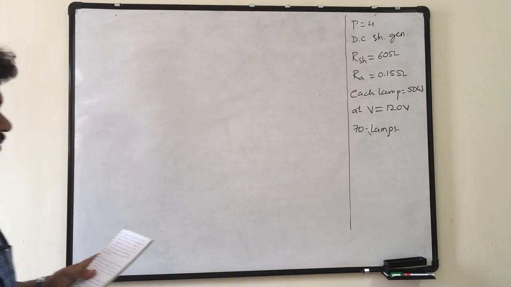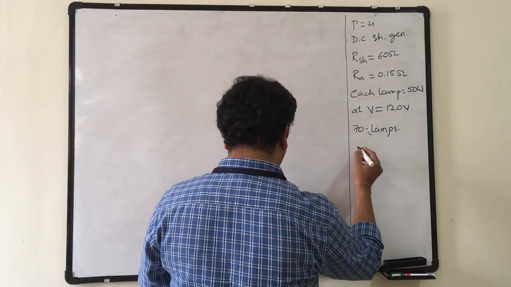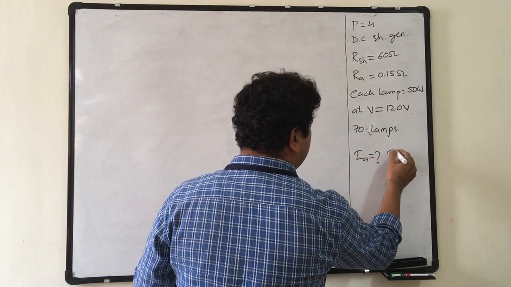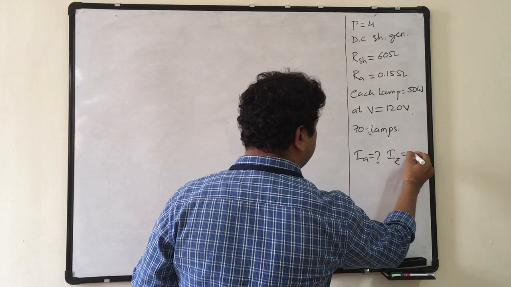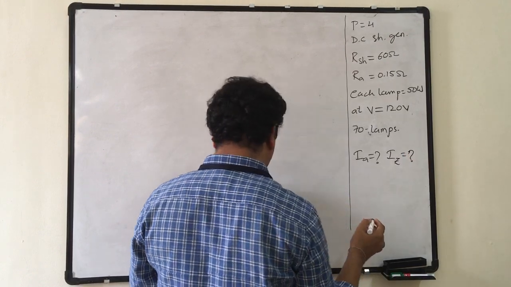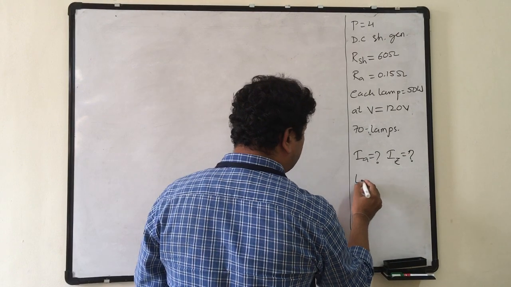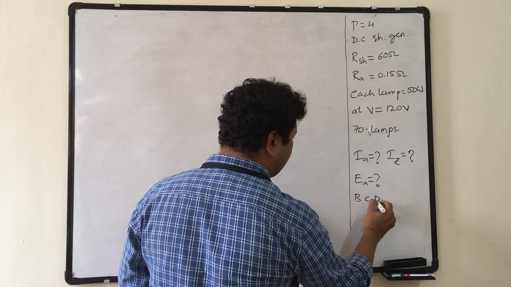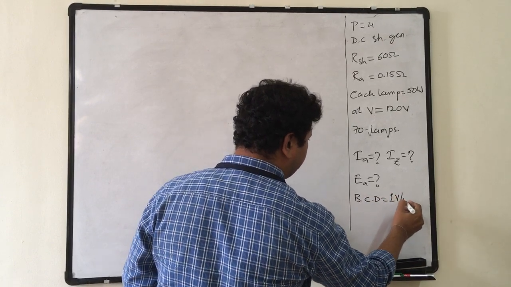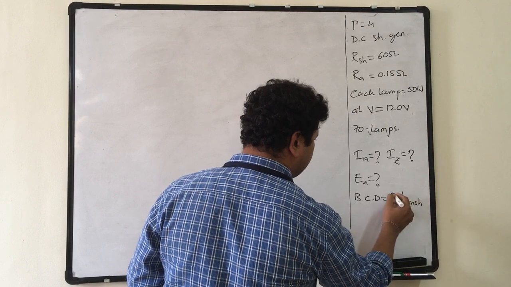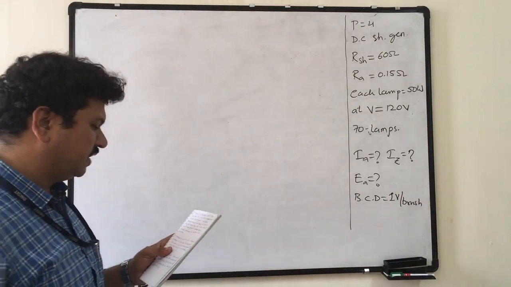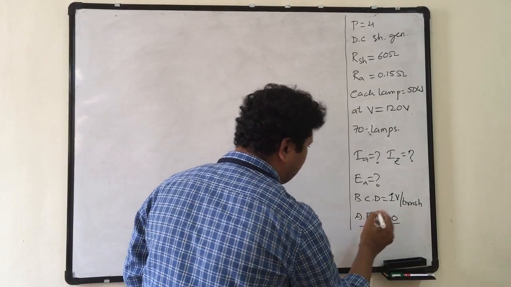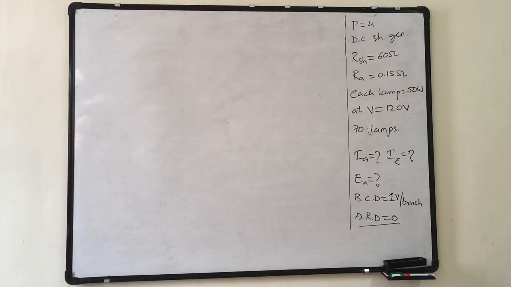Now I should find the armature current, the current in each conductor, and the EMF generated at no load, that is EA. Brush contact drop is 1 volt per brush and armature reaction drop is neglected.